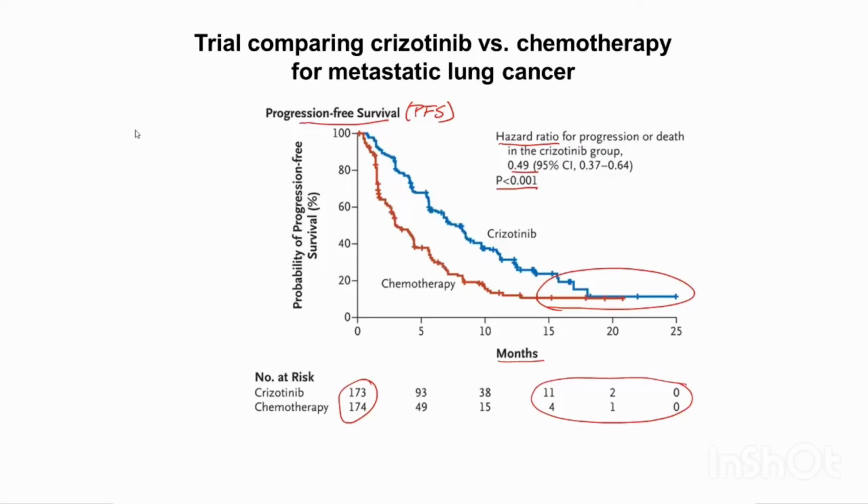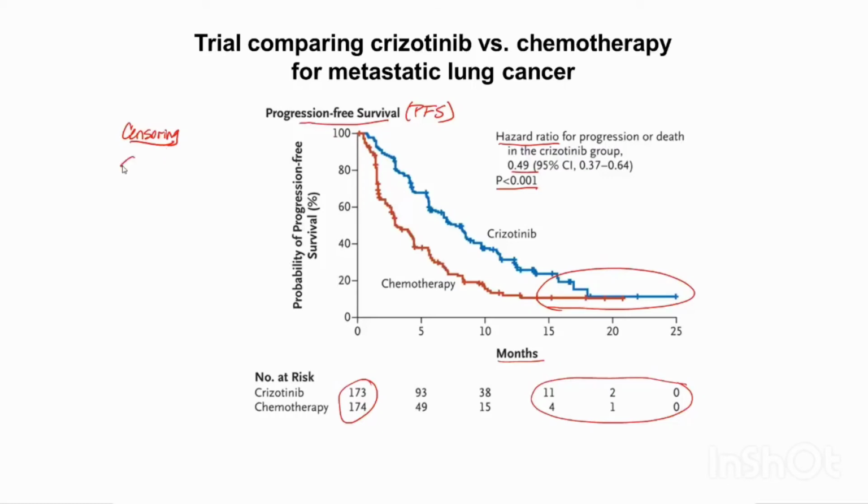So censoring here would occur for the various reasons that we discussed in part 1. Lost to follow-up, moved away, late entry into the study, or left the study due to toxicity.